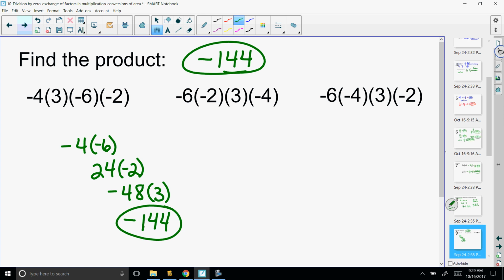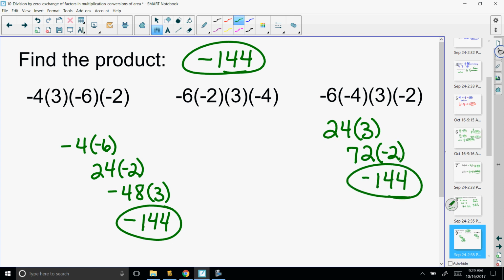If you went straight across, did you choose the last one? So you went negative 6 times negative 4, which is 24. And you took that times 3, which is 72. And you took that times negative 2, which is negative 144.